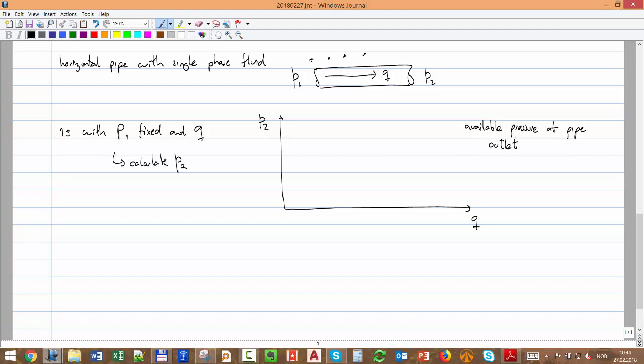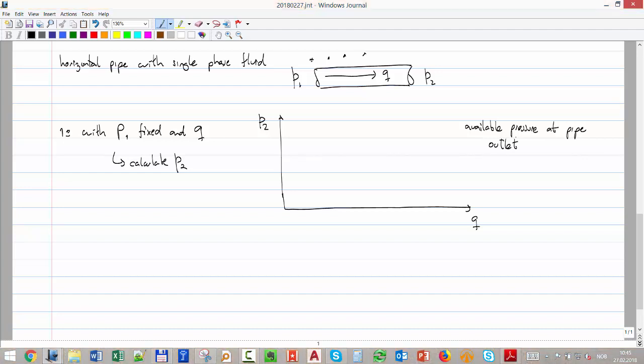Okay, that's the pressure I have available, because this is a calculation from upstream to downstream. So let's see, for rate equals 0, what pressure should we get? P1, right?